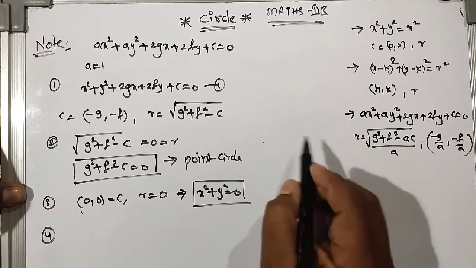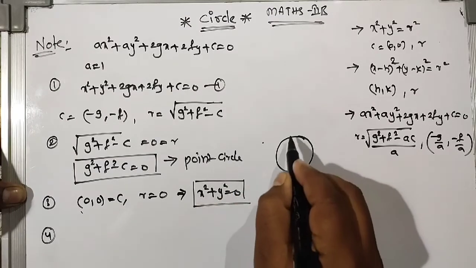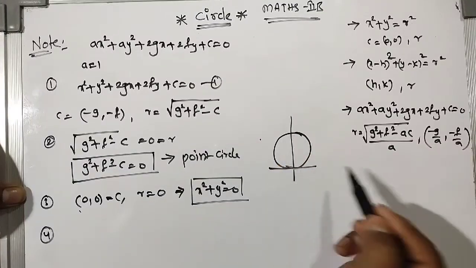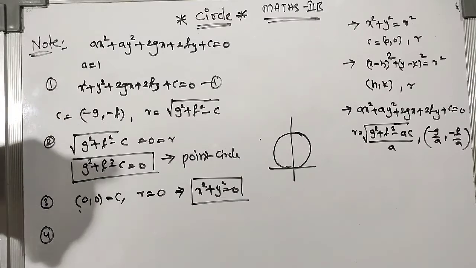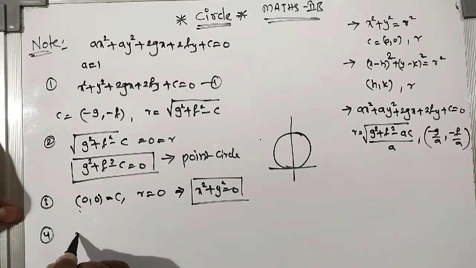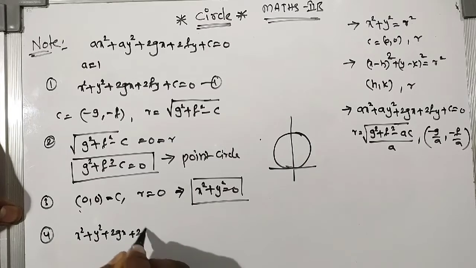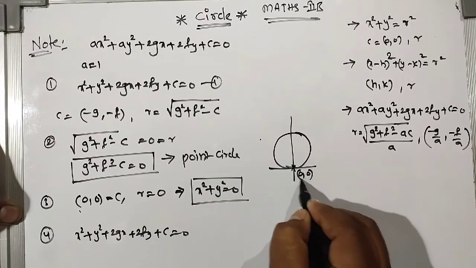Next, the fourth point. If the circle passes through the origin, like this, then how will the equation be? If we see here, x square plus y square plus 2gx plus 2fy plus c is equal to 0 is a circle. Then 0 comma 0 is on the circle.